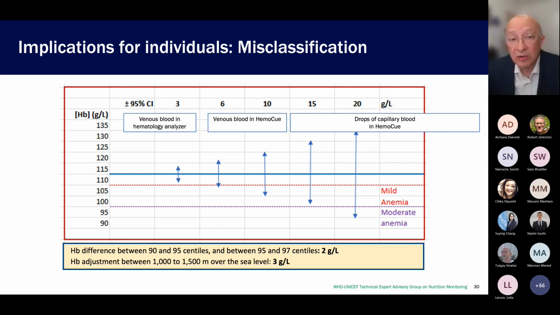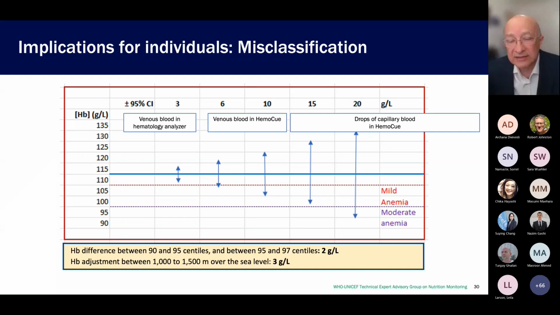In the case of a hematological analyzer, which has a variation of around 3 grams per liter, it doesn't matter. The kid is going to be very well classified. But when we increase the variation of the methodology and move to the right, with drops of capillary blood in a HemoCue in any place, and the variation is larger than 20 grams per liter, that kid could be classified as anemic when he is not.